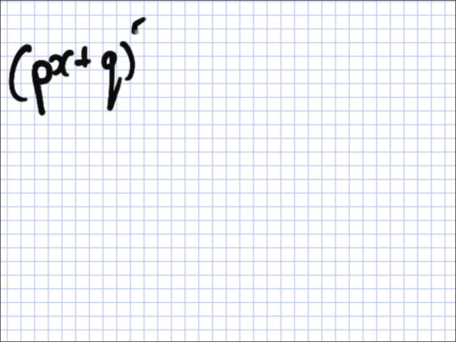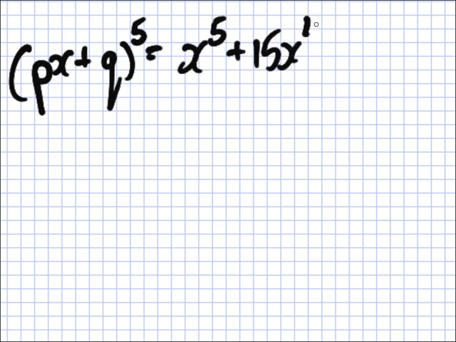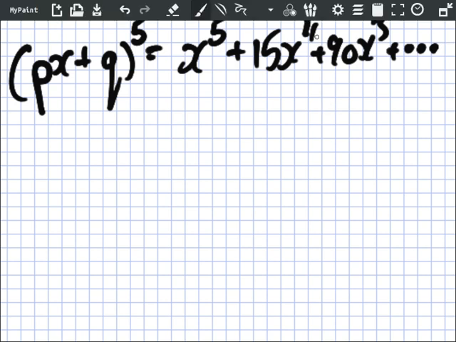I tell you that (px + q) power 5 equals x power 5 plus 15x power 4 plus 90x cubed plus dot dot dot. And my question is find P and Q.